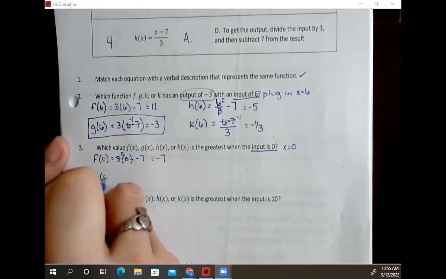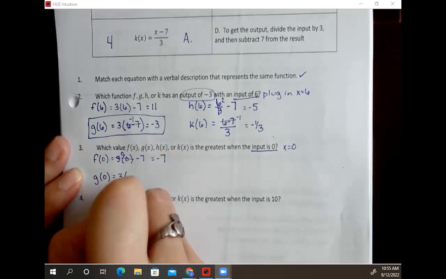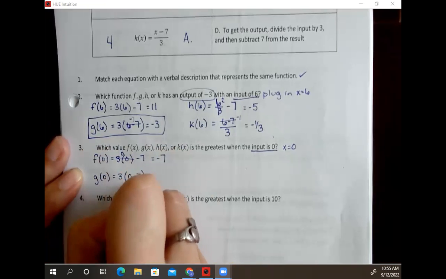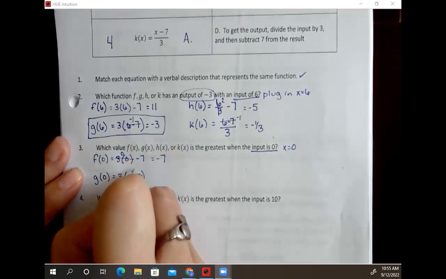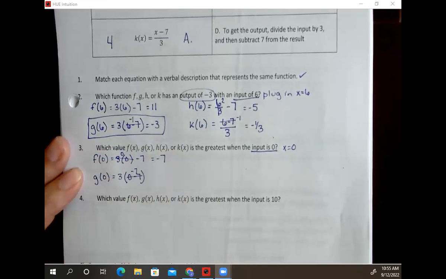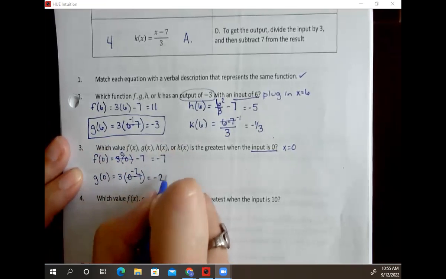And then g of 0, that would be 3 times, in parentheses, 0 minus 7. 0 minus 7 is negative 7. Remember, in parentheses first. And then 3 times negative 7 would be negative 21.